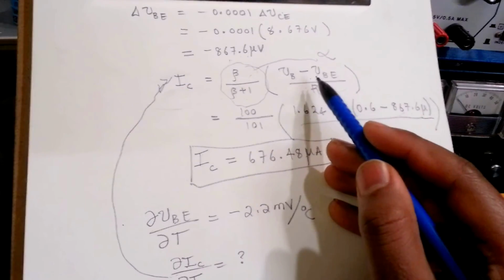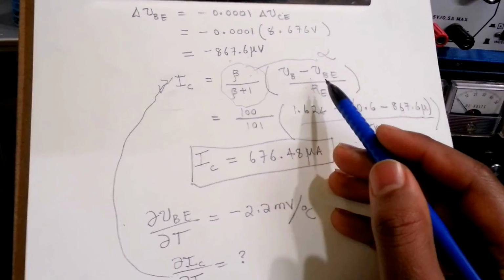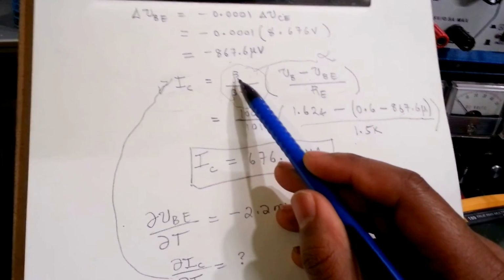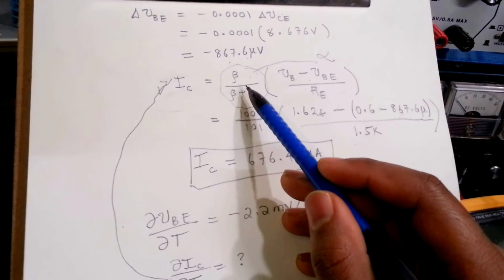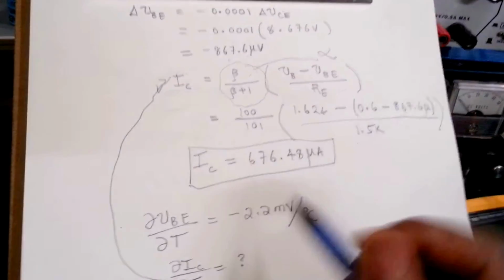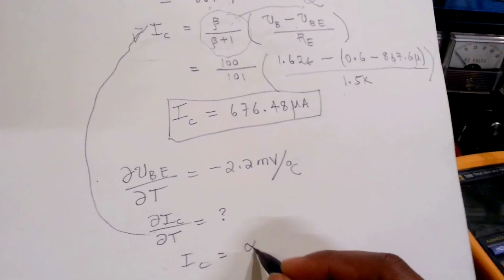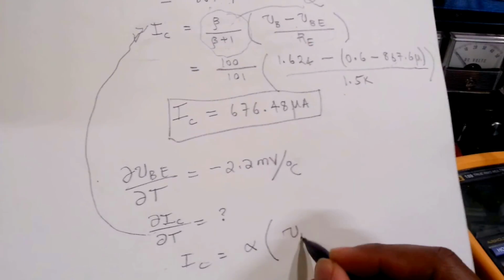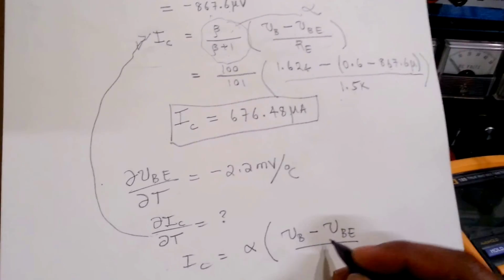Basically IC equals alpha multiplied by IE, and alpha is normally less than 1, and you can see why, because of this term, alpha is basically less than 1, normally close to 0.99 something. So in this case, the above equation becomes alpha multiplied by VB minus VBE divided by RE.